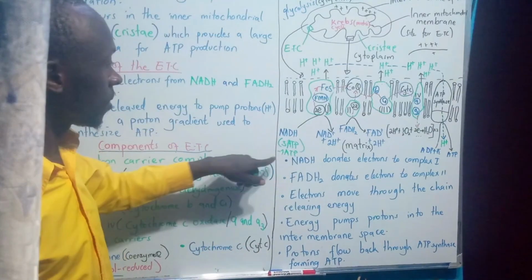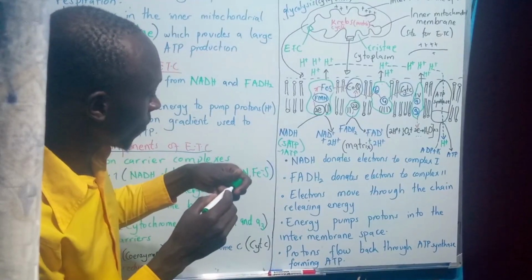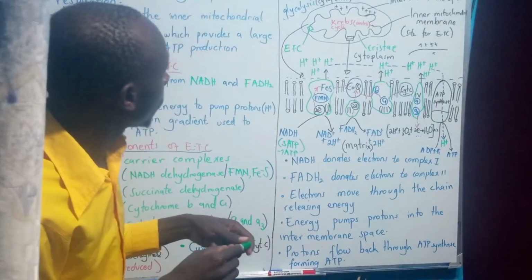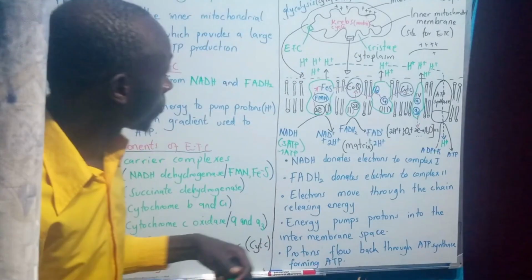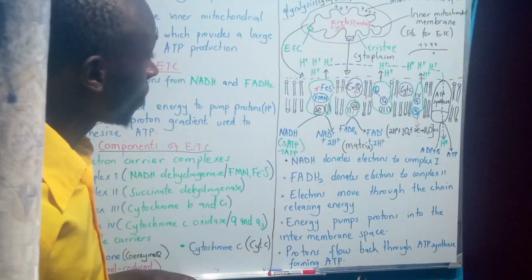So we subtract that 1 ATP which is used for the NAD to cross from glycolysis through the membrane of the mitochondria into the inner mitochondrial membrane.